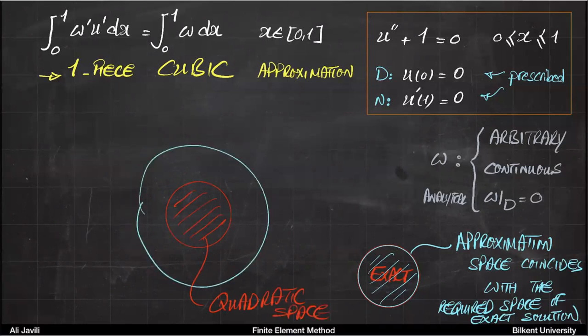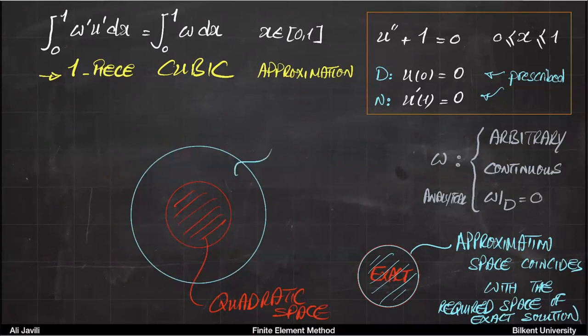Okay, so this could be your approximation space now. This is your approximation space. And obviously this is not going to go wrong, because if the approximation space is larger, it already contains the quadratic space.